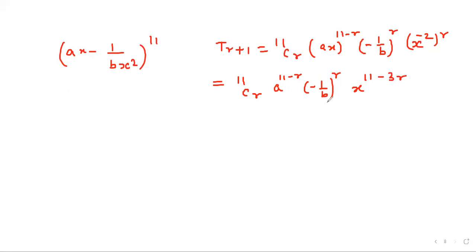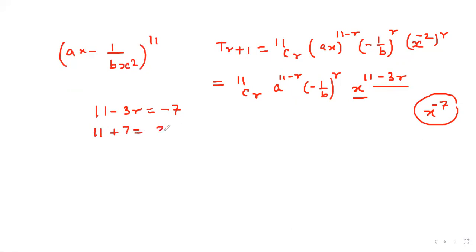Now we have to find the coefficient of x power minus 7. It means 11 minus 3r must be equal to minus 7. So 11 minus 3r equal to minus 7. So 11 plus 7 equal to 3r, from where we get r equal to 6.